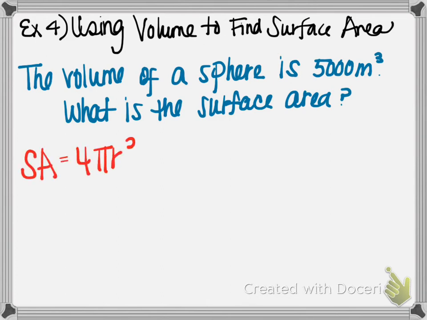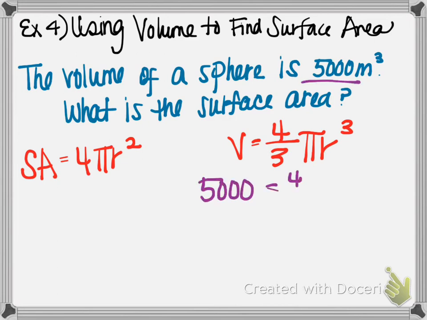So first of all, the formula for surface area is 4 pi r squared, and the formula for volume is 4/3 pi r cubed. So I'm told that the volume is 5,000, so I'll set that equal to my volume formula. And my goal here is to figure out what r is, because if I know the radius, then I can find the surface area of the sphere.